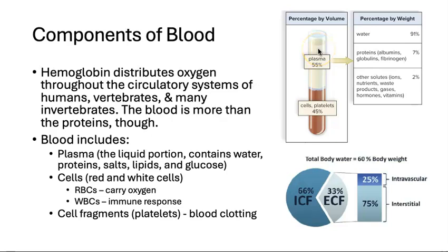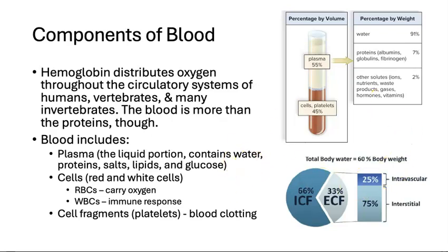So let's start off by talking about hemoglobin. We're going to find hemoglobin in our red blood cells, so in the cells in this bottom portion of the test tube, and our hemoglobin helps us to distribute oxygen in our closed circulatory system. And I say closed because we're talking about humans here, our vertebrates, and then a lot of our invertebrates as well.